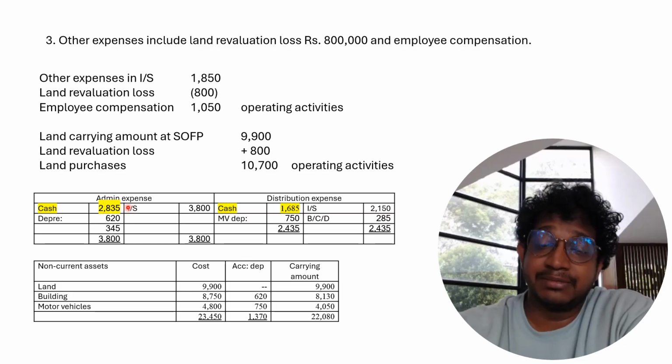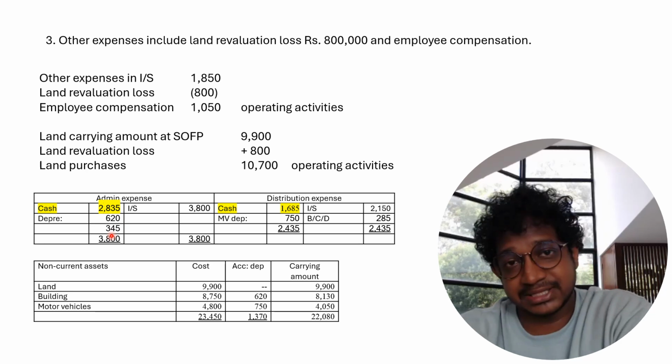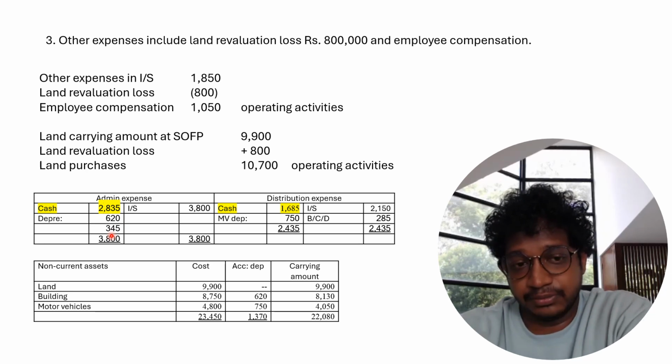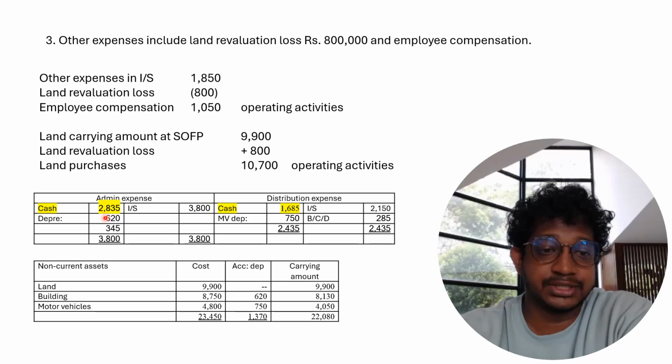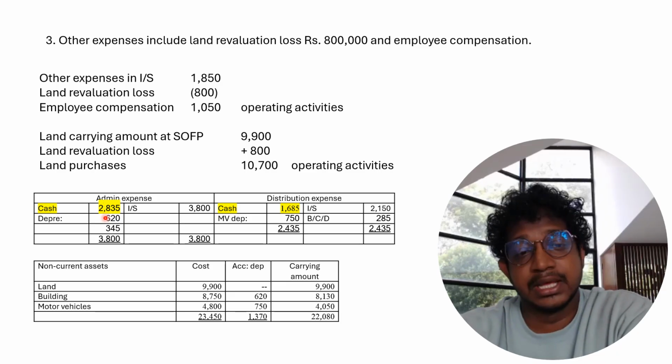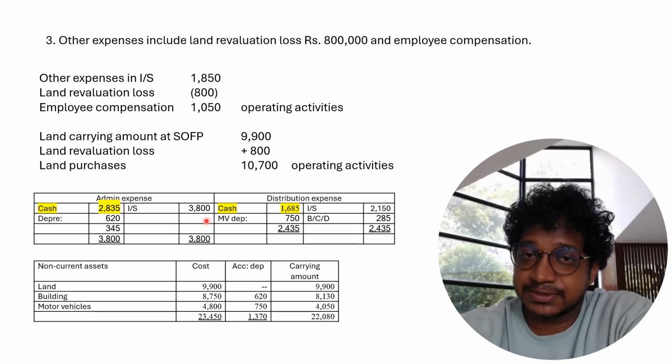And when it comes to the administration expenses, there is other information in the SOFP. It says 345 still payable as at closing date. From that, you can find out what you paid in cash for administration expenses. Your total administration expenses for the year are 3,800.